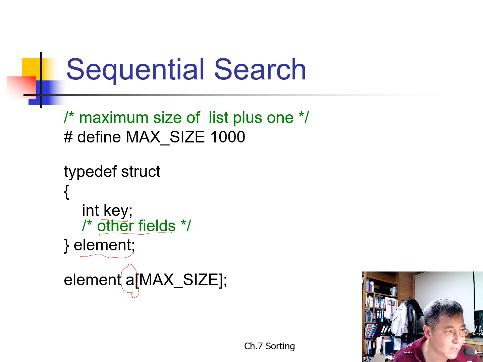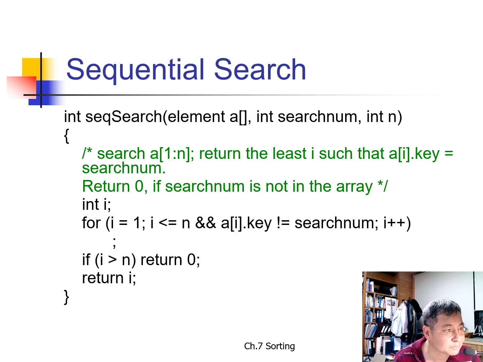In this case, the maximum data size is 1000, and this is the given input data. Here, I want to search for some data which has some key value. The key value is such a keyword in this given data set.